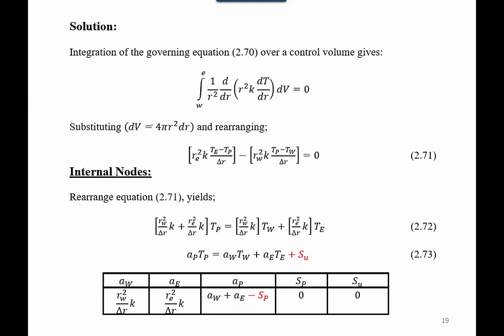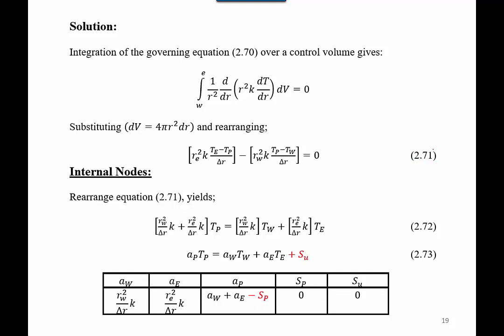So we substitute this dV into this term and integrate this differential equation with the limits of integration, and we will end with algebraic equation 271.